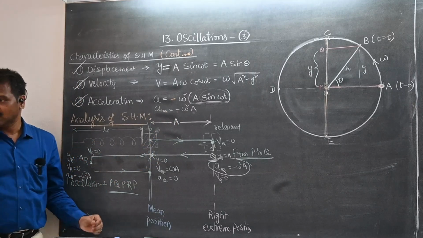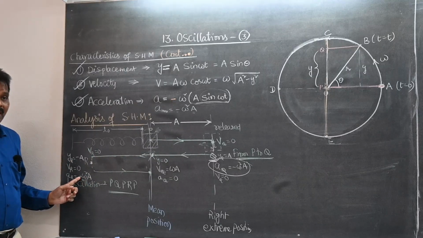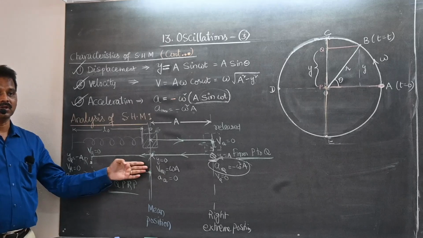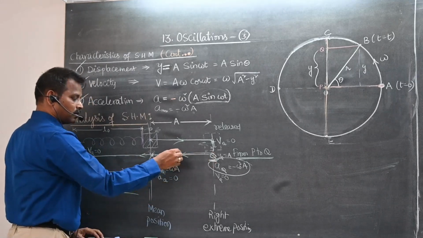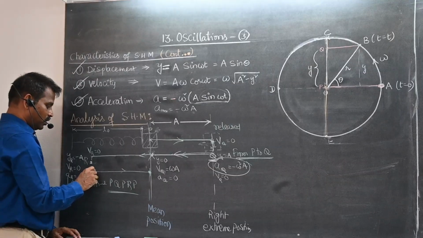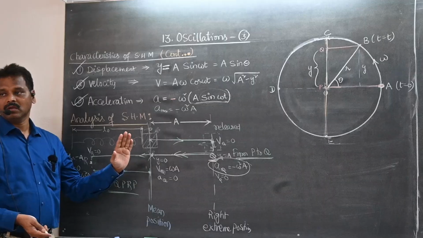What is the meaning of this? Is acceleration acting towards the positive axis or towards the mean position? So always acceleration acts towards the mean position. When the body is here, acceleration acts like this towards the mean position. When the body is here, acceleration acts towards the mean position. That's why this is a simple harmonic motion.